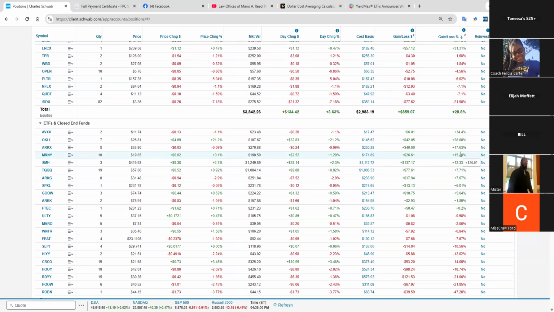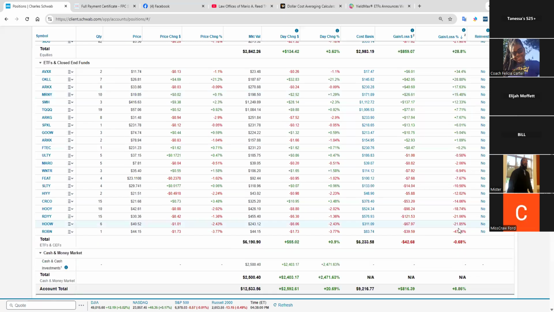That's unheard of. Typically, these high yield dividend paying ETFs don't appreciate. They usually depreciate. Look at all these at the bottom: RDYY, HOOW, HOOY, CRCO. They normally depreciate. MRNY is on a tear and it's appreciating.